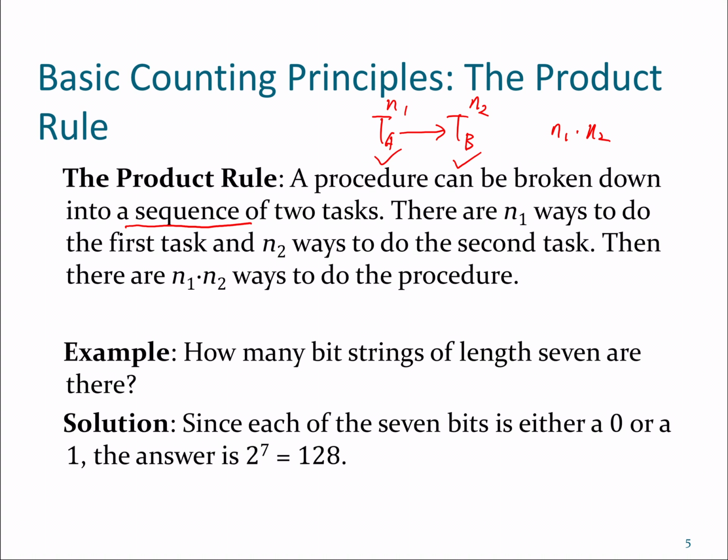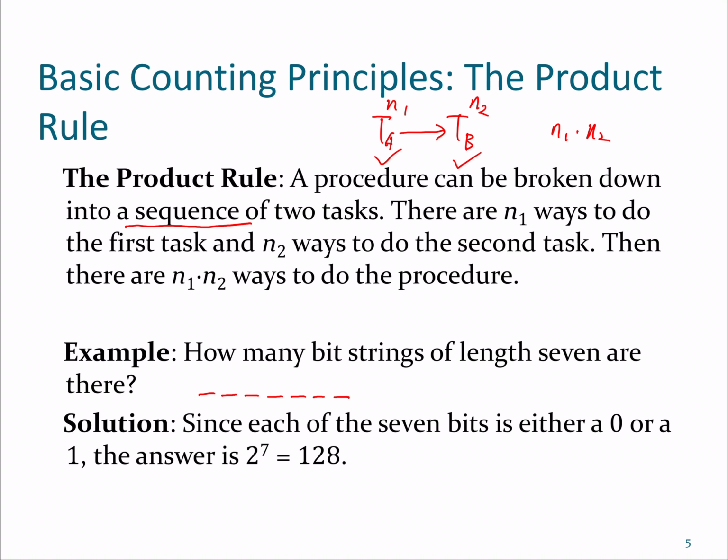Let's take one example. How many bit strings of length 7 are there? To look at this question, you can think of the bit strings as a sequence of positions. In this example, there are 7 of them. Each one of them is one by one, so they're in a sequence. And let's look at the first bit. You can either start from the left to the right or from the right to the left.